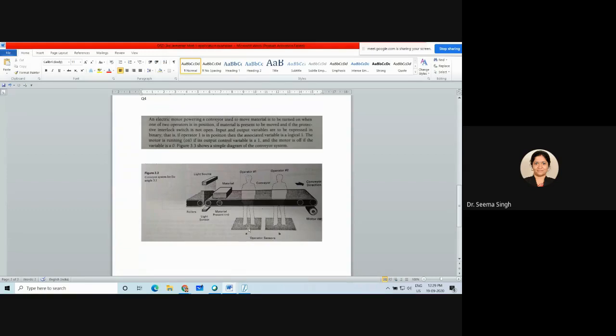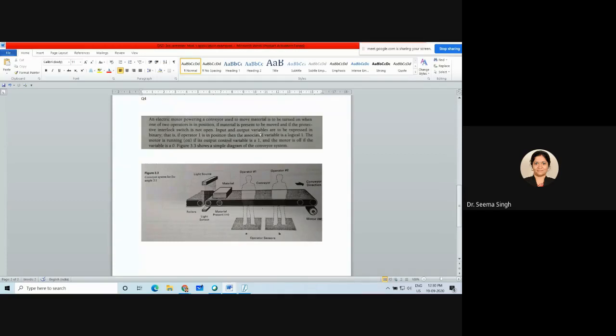Operator 1 is labeled as A, operator 2 is labeled as B. If material is present to be moved and if the protective interlock switch is not open, so you can see there is a light source here taking care of the switch not being open. The switch should be closed, then only this light sensor will work, and the material will move.